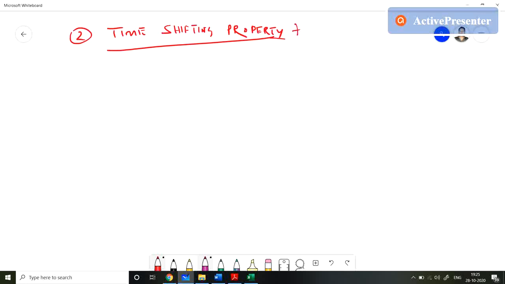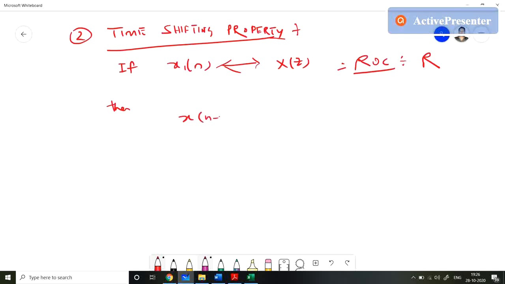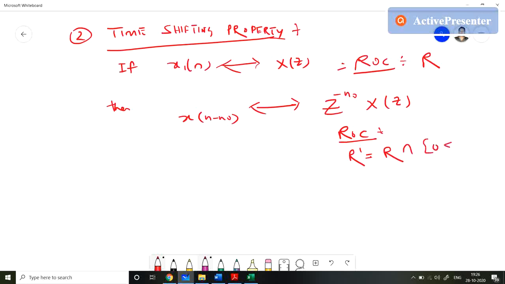According to this property, if x(n) has Z transform X(z) and the ROC is R, then if we find x(n minus n naught), the Z transform will be equal to Z raised to the power minus n naught into X(z), and the ROC is R dash, which is equal to R intersection with 0 less than modulus Z less than infinity. So this is the new ROC.